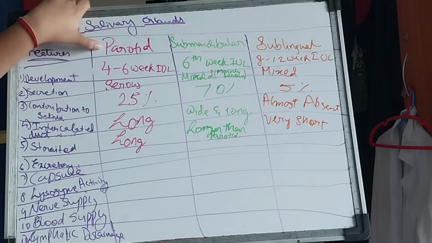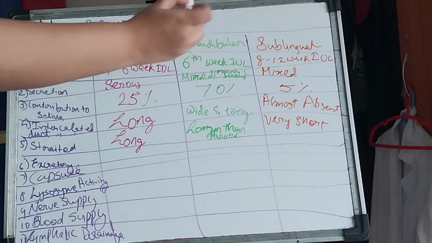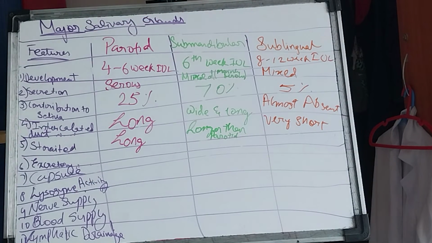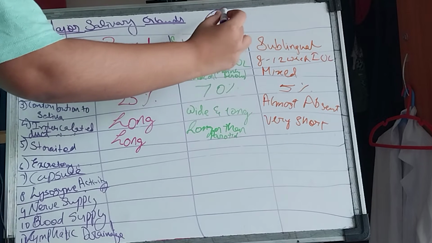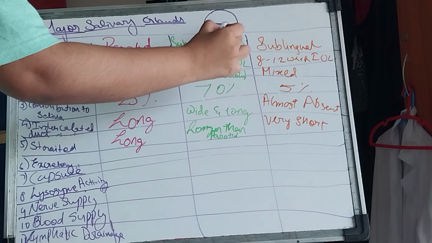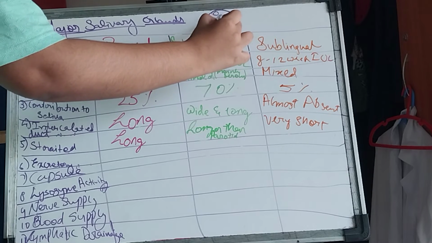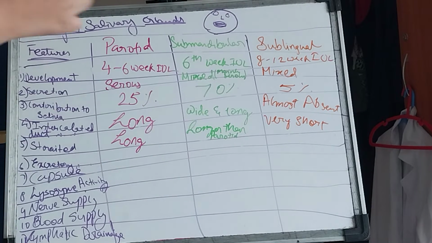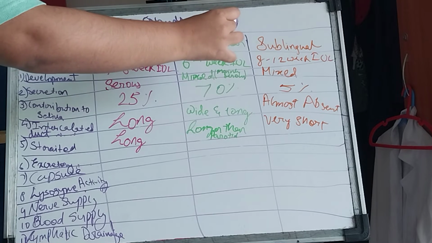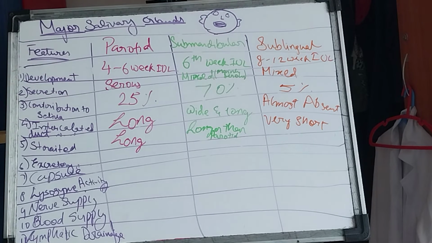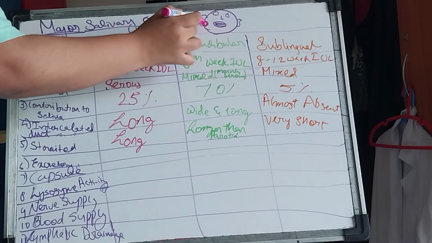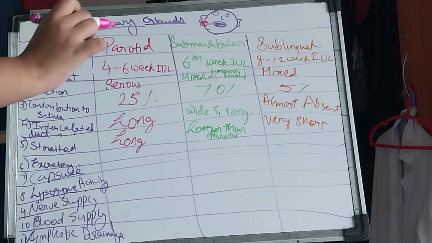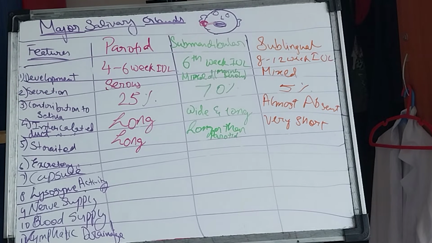If I just draw a face over here, and this is your mouth, and if this is your ear, your auricle, then the parotid gland is situated somewhere over here. So it has to travel a long distance, that's why the duct is also long.